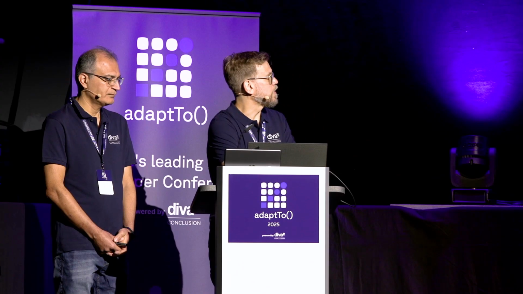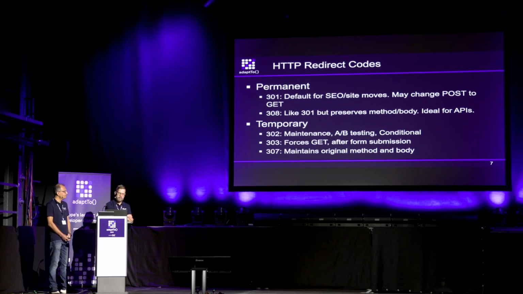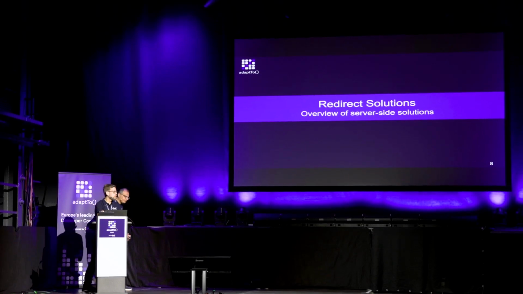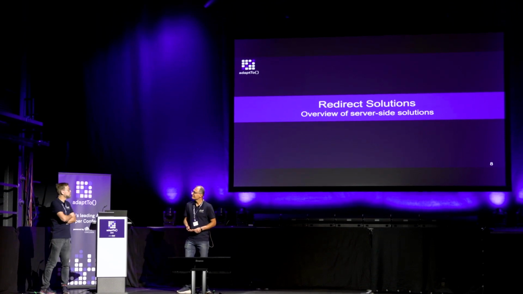This you use after a form submission, where you want to redirect the client with a GET to a confirmation page and don't want the original action repeated. Okay, and with that, I hand over to Masoud for giving us an overview over the tooling.